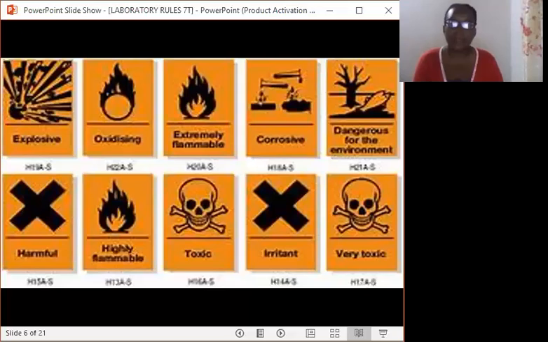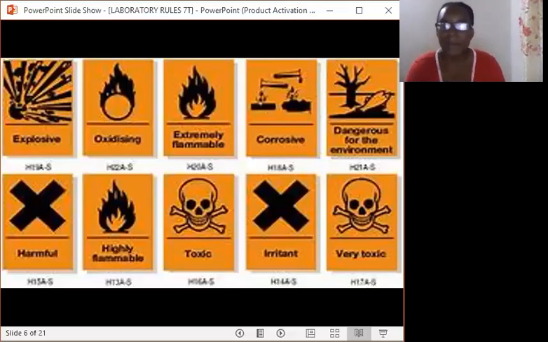An explosive chemical is one that, if exposed to light or fire, anything like that, will easily explode, and we don't want that because that means destruction of property, loss of life, etc. We also have a symbol here that indicates that a chemical would be an oxidizing chemical, which means that it would easily catch fire, especially when exposed to air.